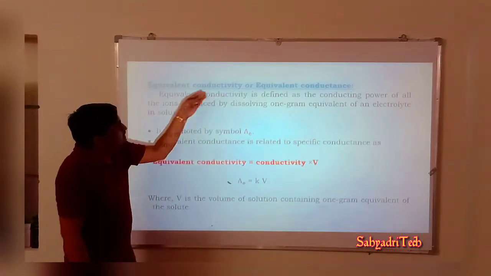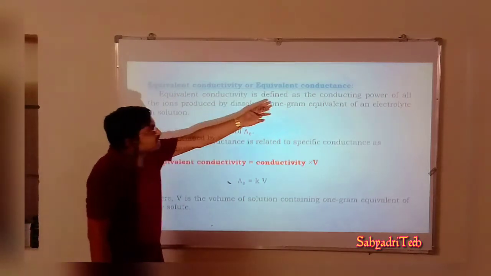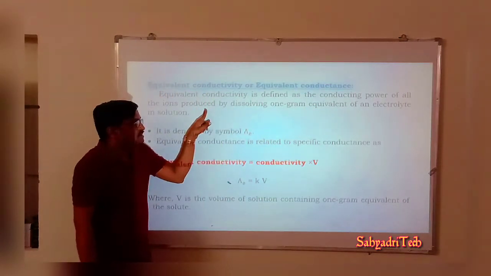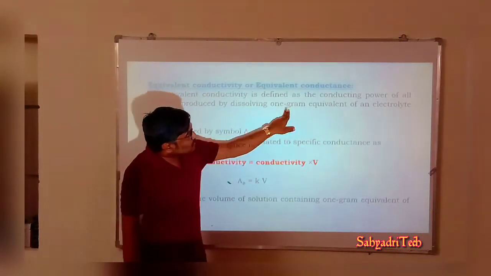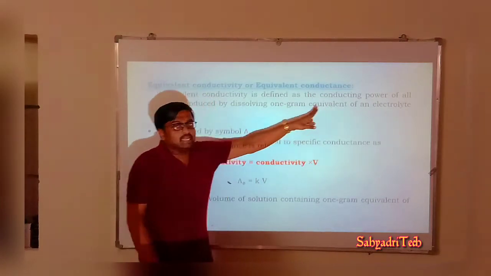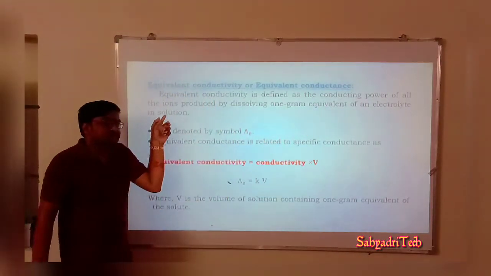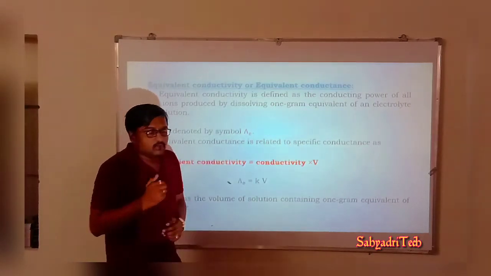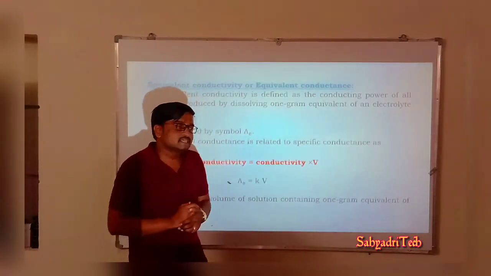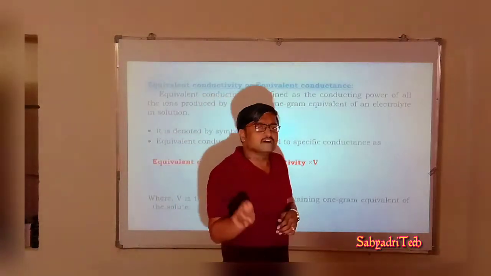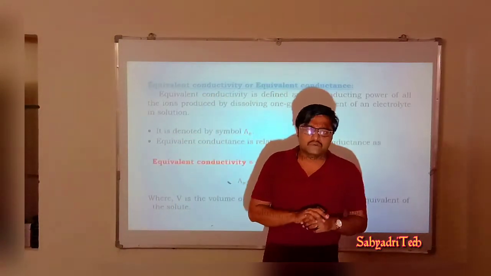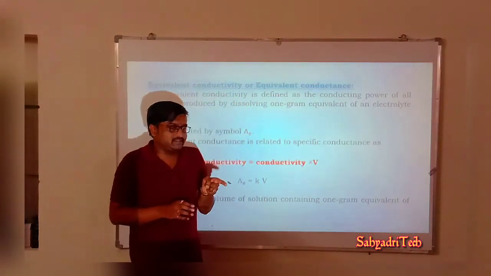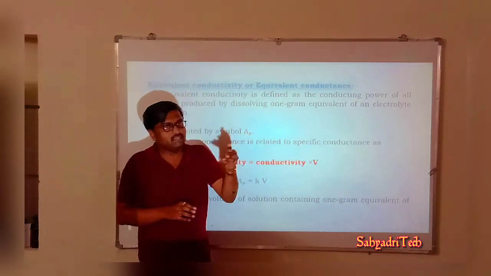Now, equivalent conductivity is the conducting power of all the ions produced by dissolving 1 gram equivalent of an electrolyte in a solution. Just recall the definition for molar conductivity. What we said there was the conducting power of all the ions produced by dissolving 1 mole of an electrolyte in a solution.